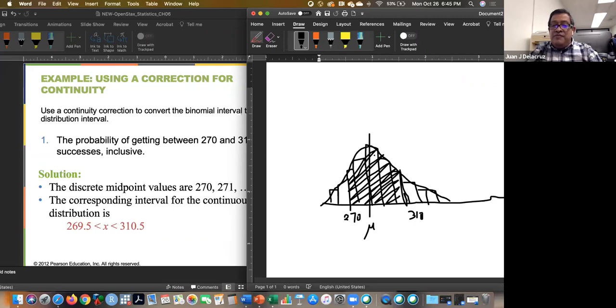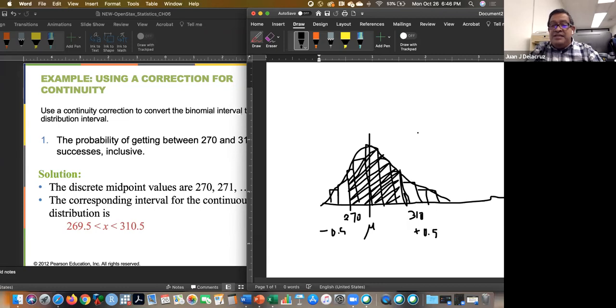Because we are fitting this normal distribution curve on top of a discrete distribution, when we are looking for the adjustment between two different points, we are going to subtract 0.5 to the left, and add 0.5 to the right.